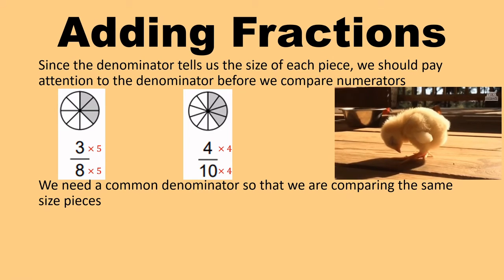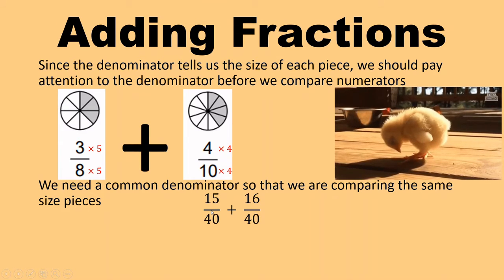Similarly, we can add fractions, but only once we've got that common denominator. We don't want to compare, add, or subtract the numerators without having a common denominator. So as we've already done, we've multiplied both the top and the bottom of the fraction to make our common denominator the lowest common multiple of 8 and 10 in this case.